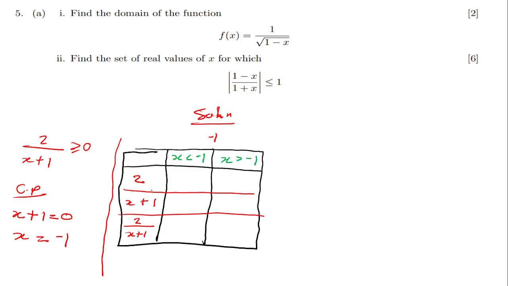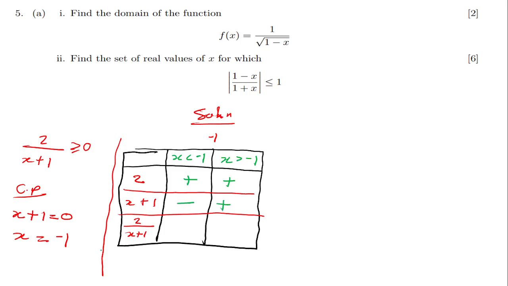If you put anything on 2, it will still be positive. Then if you put, let's say, a negative 2 there, this will be negative, but when you put a 0 there, this will be positive.